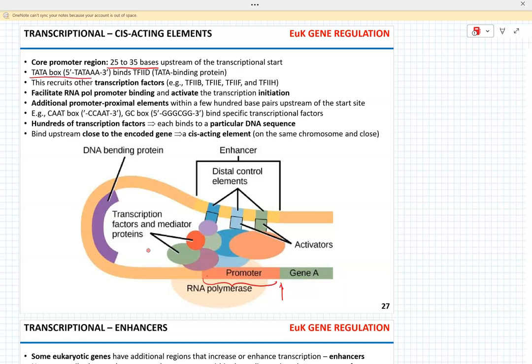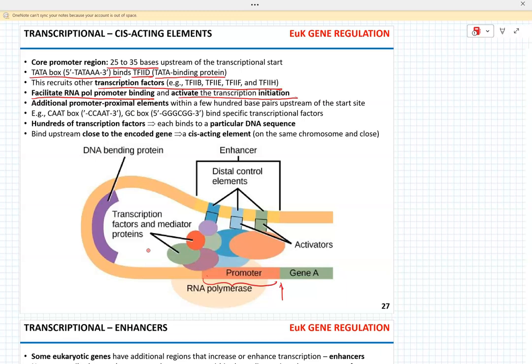It contains, just like in prokaryotes, the TATA box, which binds transcription factor TFIID, the TATA binding protein, and then other transcription factors are recruited, such as TFIIB, TFIIE, and so forth. These transcription factors facilitate the binding of RNA polymerase to the promoter and activate the initiation of transcription.